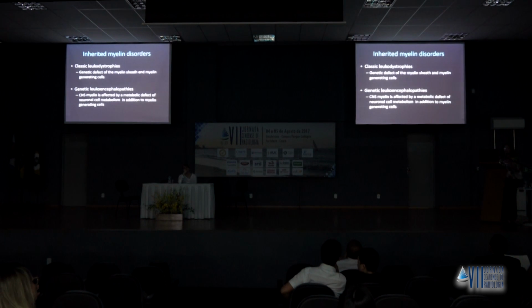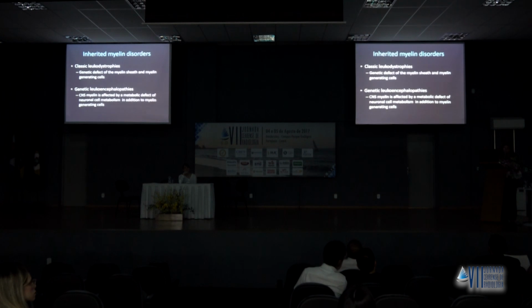So the inherited myelin disorders can be divided into two categories: the classic leukodystrophies, which are a result of a genetic defect of the myelin sheath and the myelin-generating cells, and the genetic leukoencephalopathies, where the myelin is affected as well as the neuron. So it's not just an abnormality of myelin.